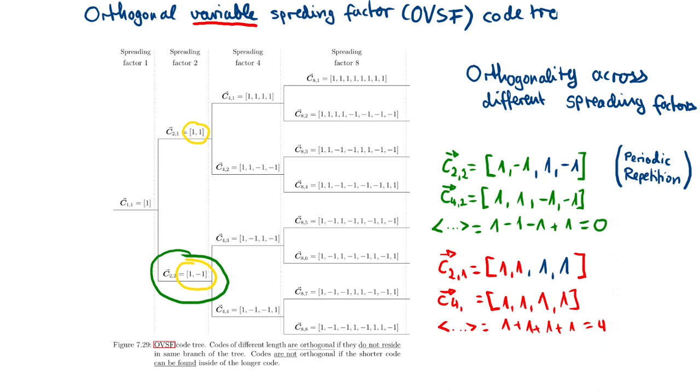And a different user gets this code. Now we can do the check here. If we calculate the inner product of the two vectors, then we indeed get a 0.